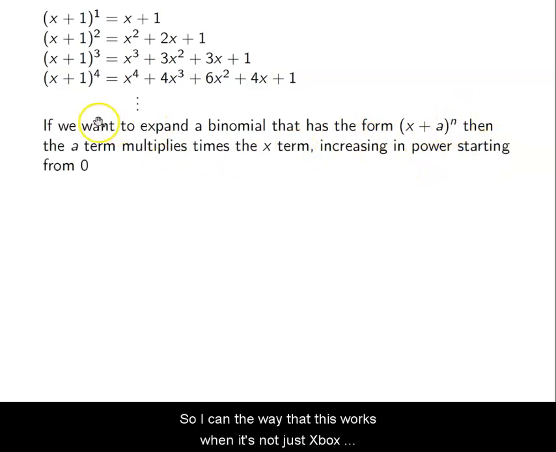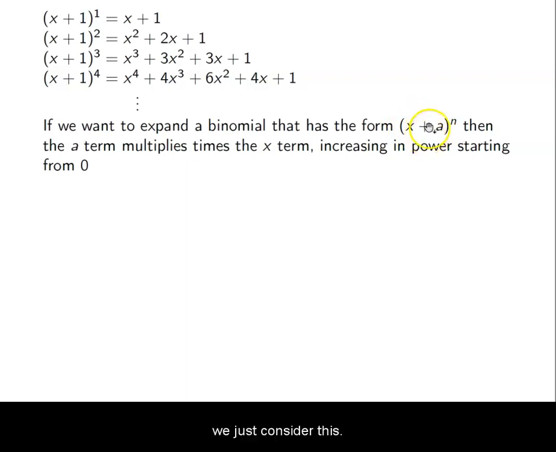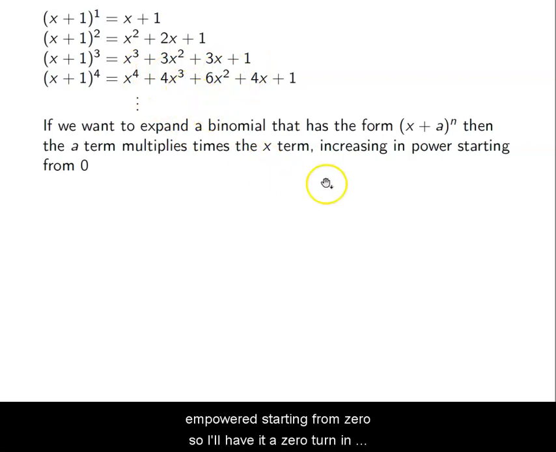Okay, so again, the way that this works, when it's not just x plus 1, when it's any generic thing plus any generic thing, this can even be a minus, right? We would just consider this a as a negative value. Then what happens is that the a term is going to multiply across this x term, increasing in power starting from 0. So I'll have an a to the 0 term in front.